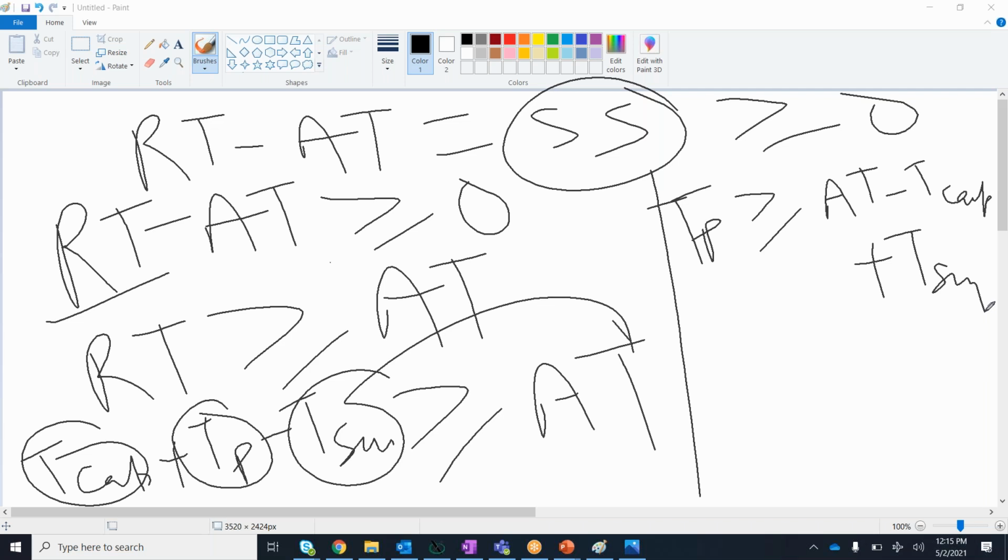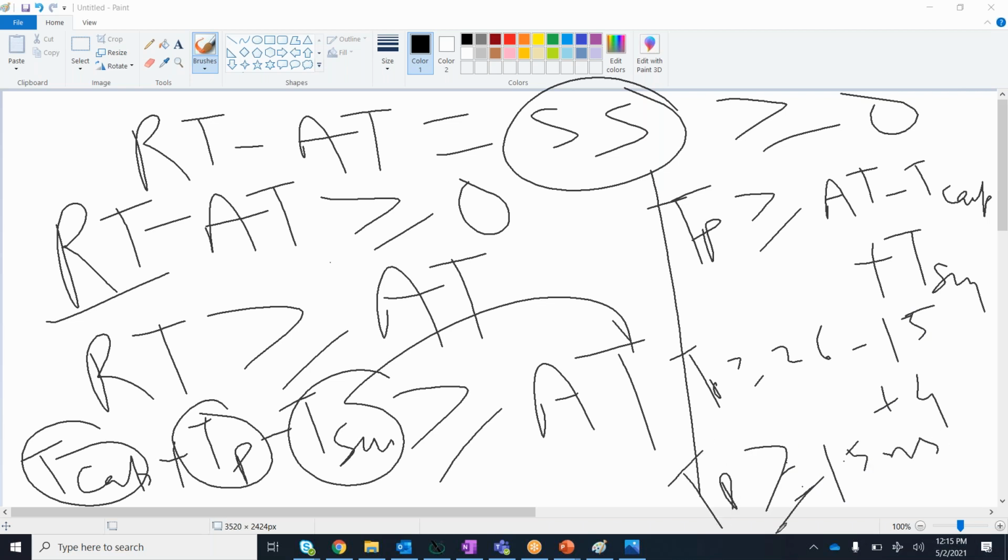For the circuit which we were discussing, we know that arrival time was 26, T capture was 15 and T setup is 4. So this will be 15. So my time period should be greater than or equal to 15 nanosecond.